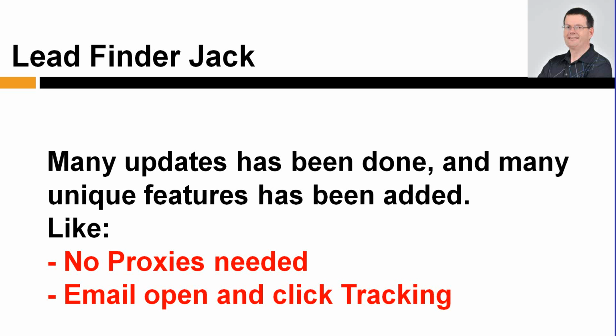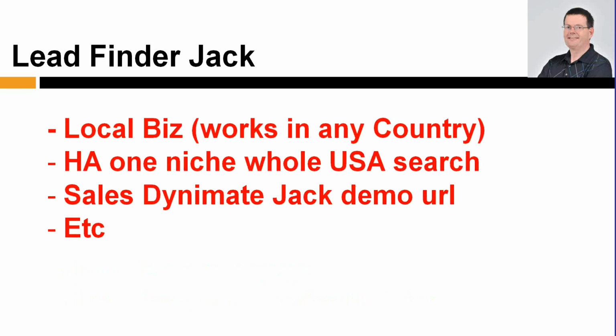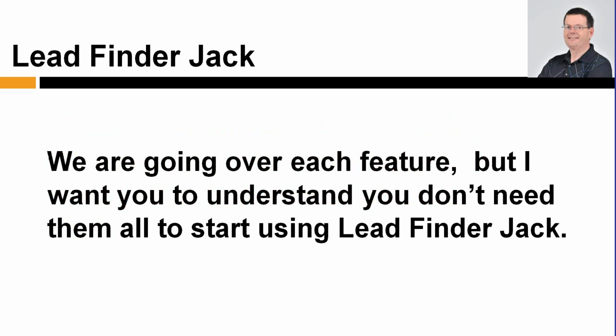You don't need to know this, but it has features like email open and click tracking. Local BIS works in any country, and Home Advisor searches the whole USA. Now we added Sales Dynamite Jack. So we are going now over each feature. But I want you to understand that you don't need to know them all to start using Lead Finder Jack.